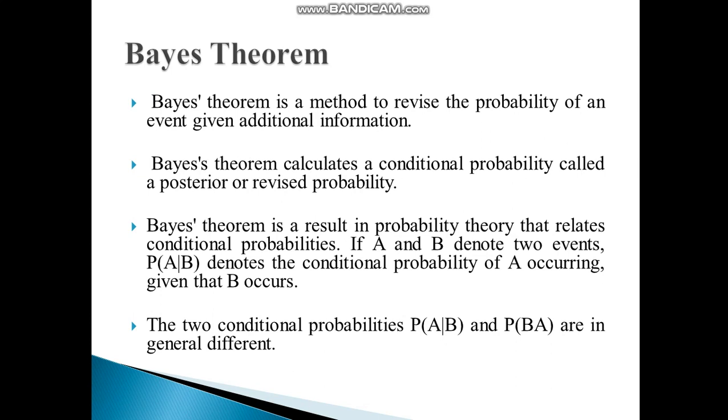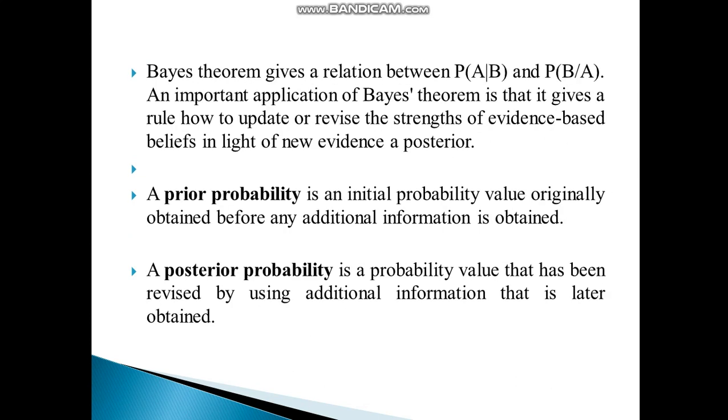If A and B denote two events, P of A given B denotes the conditional probability of A occurring given that B occurs. The two conditional probabilities P of A given B and P of B given A are in general different. Bayes theorem gives the relation between them.